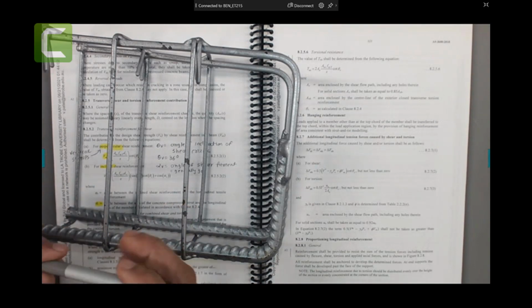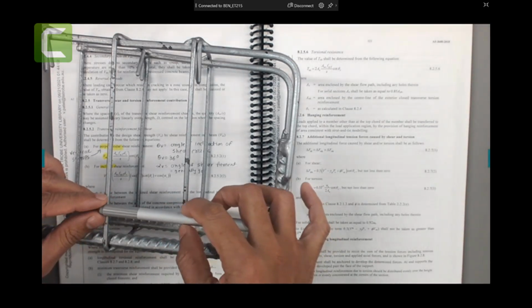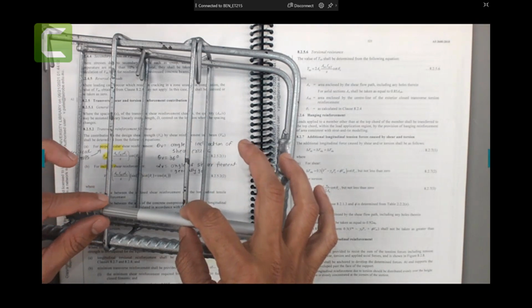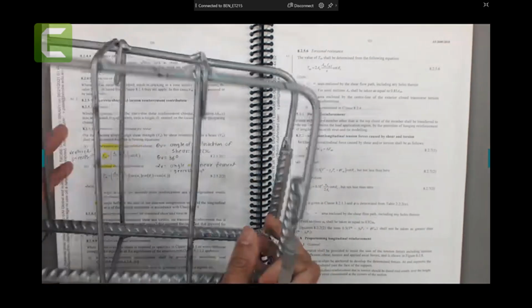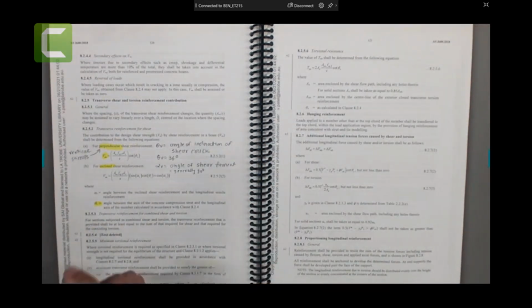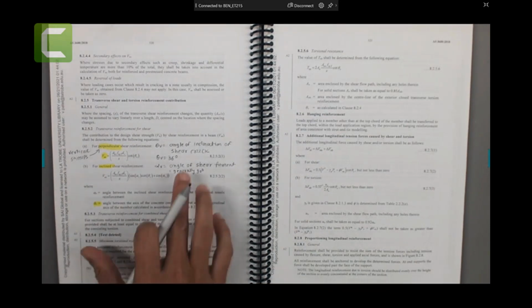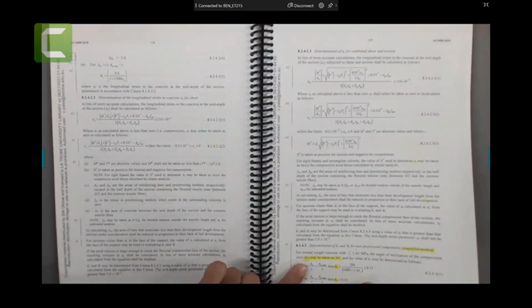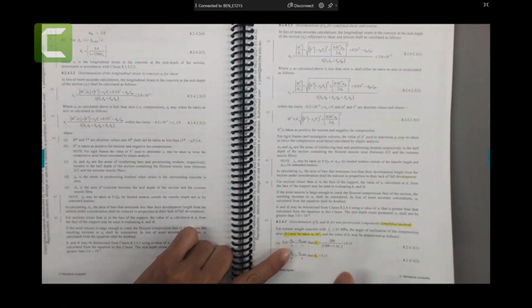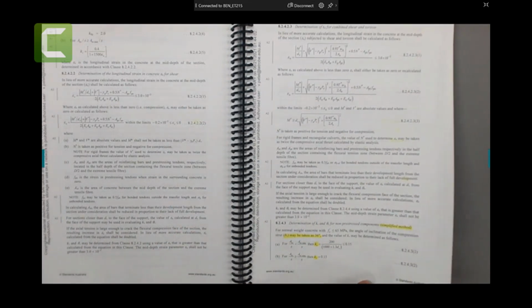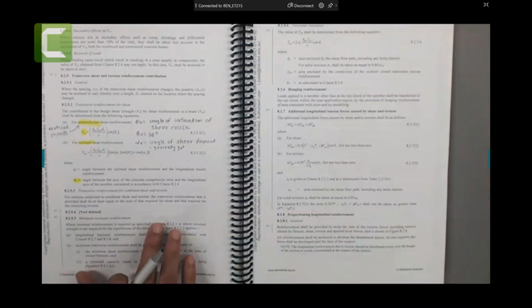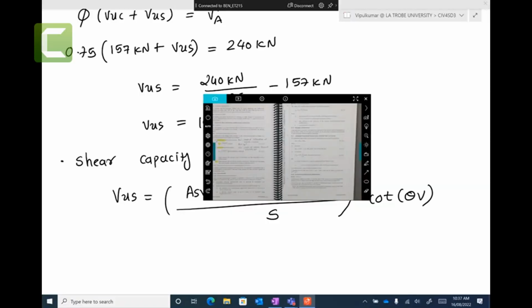This distance is your S, starting from here, finishing here. That we need to find, by the way. And theta V 36 degree. You remember these assumptions that we make here, and we're going to make these checks for that KV, and theta V equal to 36 degree for simplified methods.